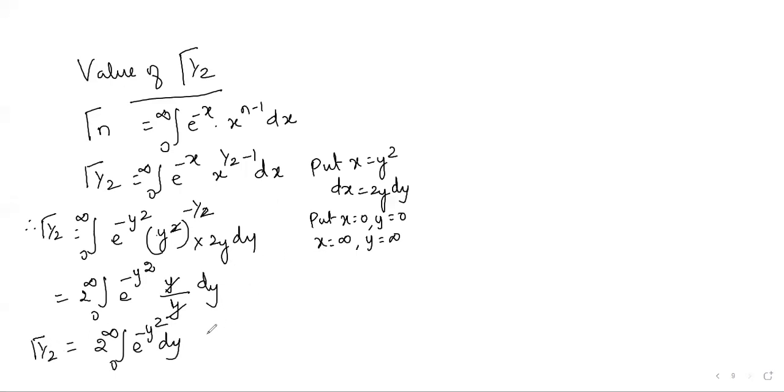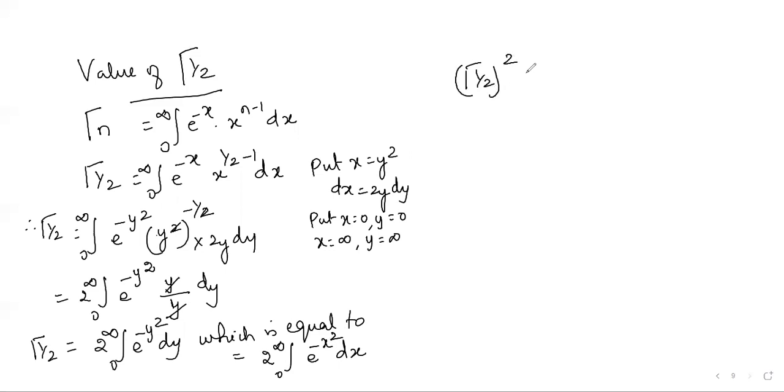Now if I interchange the dummy variable, it is equal to 2 into integral 0 to infinity e power minus x square dx. Making use of this, I am going to find gamma half the whole square, which can be written as gamma half into gamma half.